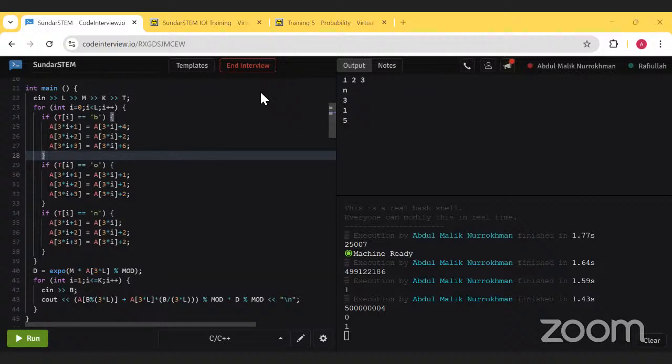And then I think there are binary indexed tree also, and also Chinese remainder theorem, which is about number theory, right?